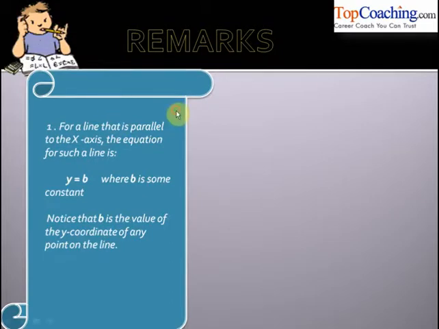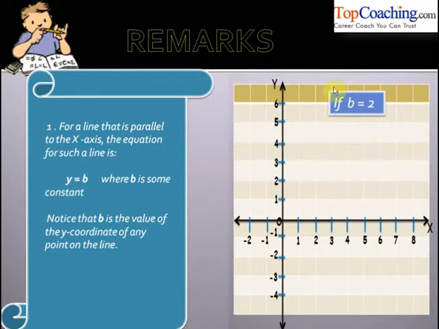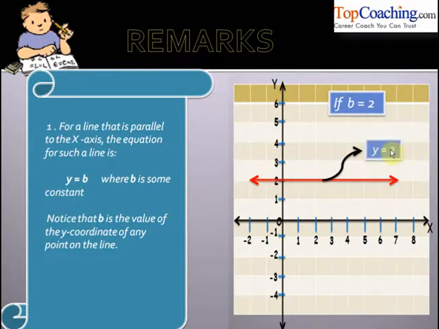Let's try to look at it graphically. Let us say that this is the coordinate plane. Now let's take b to be equal to 2. If we take b equal to 2, then the equation y equal to b becomes y equal to 2, and this equation would be this line. Thus this represents y equal to 2. And again we see that for all the points on this line, the y coordinate is equal to 2 and is constant.